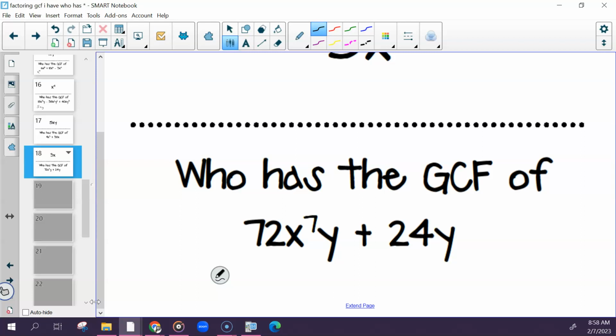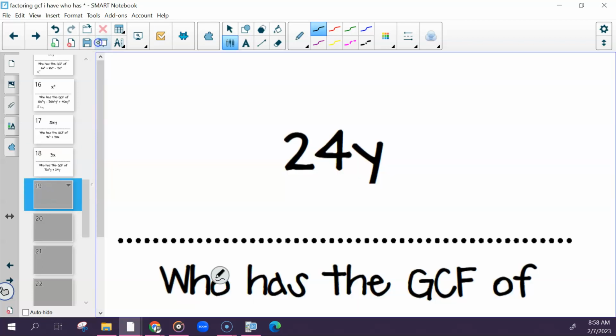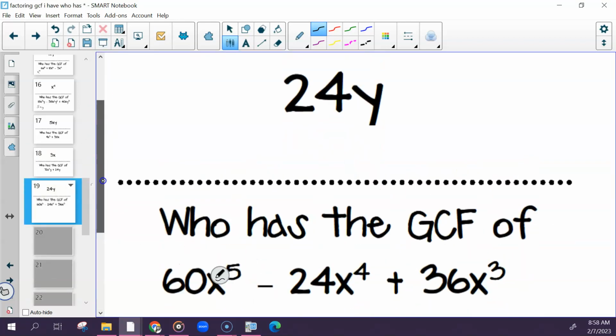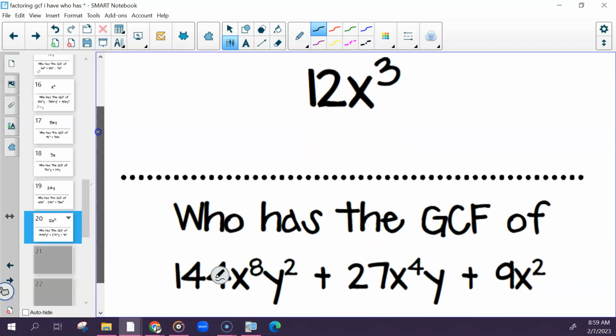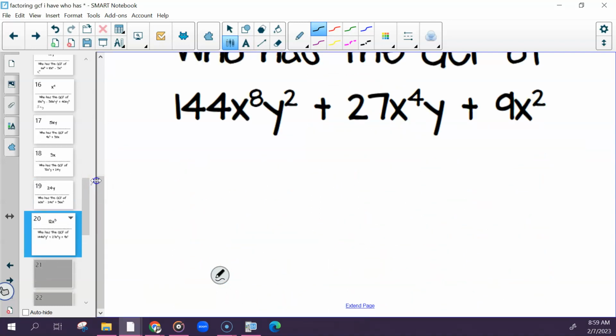I believe that is the next answer. Yep. Here is 60x to the 5th minus 24x to the 4th plus 36x to the 5th. We have a GCF of 12.